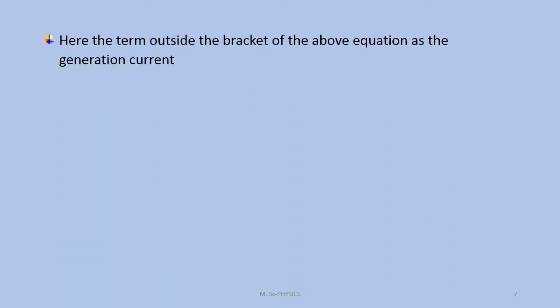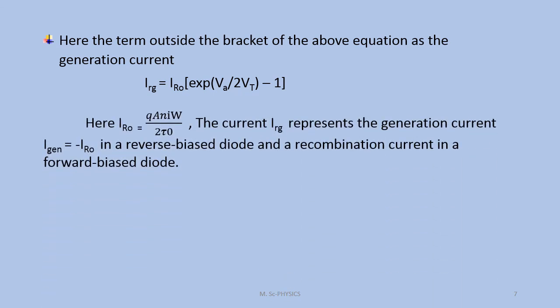Therefore, the term outside of the bracket in the above equation is I_R0, so the current I_RG is equal to I_R0 (exp(Va/2Vt) minus 1). Here I_R0 is equal to q A ni W by 2 tau naught.